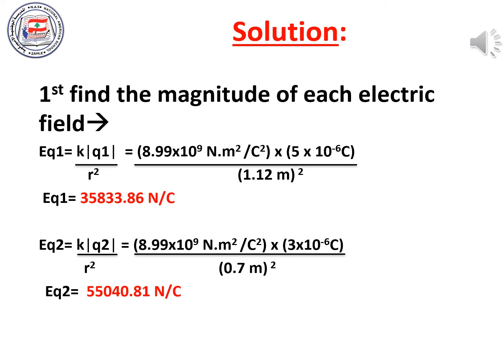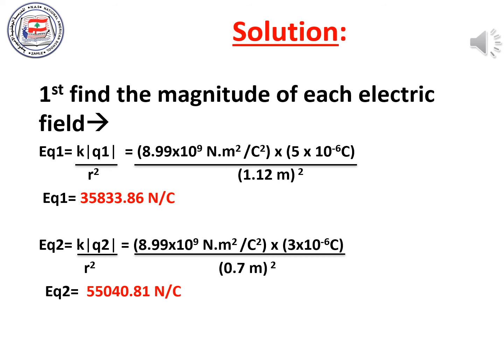We do not write the sign since it is an absolute value, and we convert from microcoulombs to coulombs by multiplying by 10 to the power negative 6, over R squared, which is 1.12 meters squared. This is the distance from Q1 to the origin. So the electric field due to charge 1 is equal to 35,833.86 newtons per coulomb.